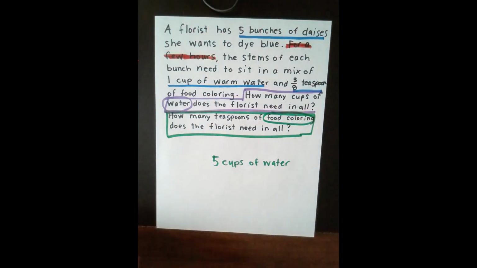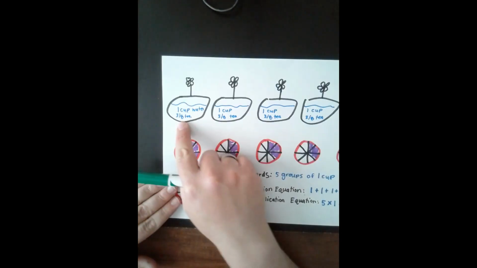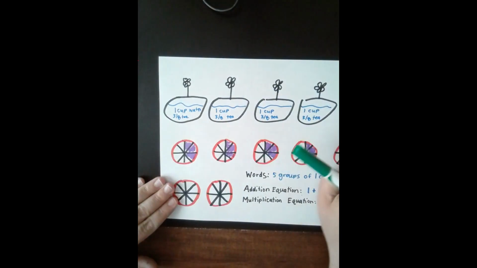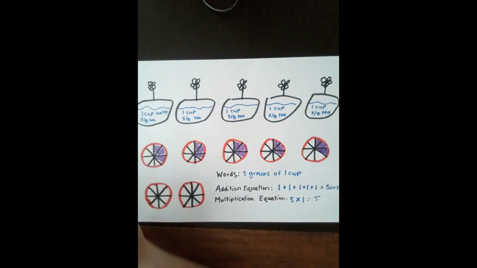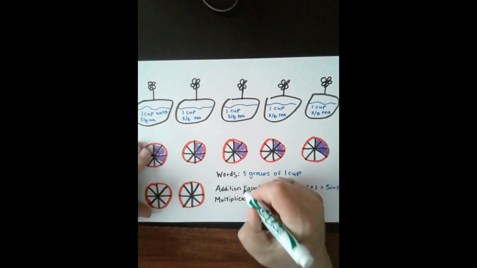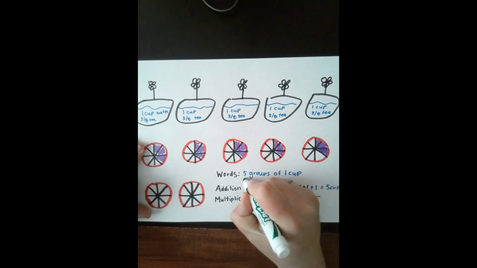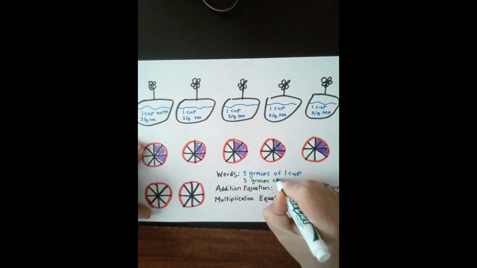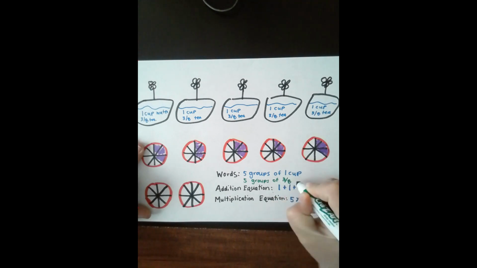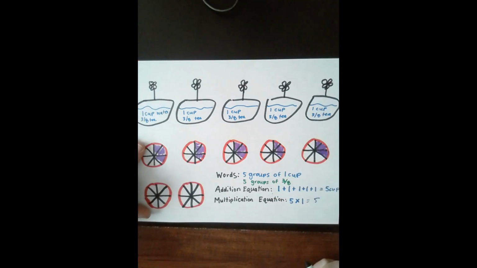Now we've got to figure out the food coloring. So we know that she needs 3/8 teaspoon of food coloring for every bunch of flowers. So that's going to be, in words, 5 groups of 3/8. Okay, and you can put teaspoons here.